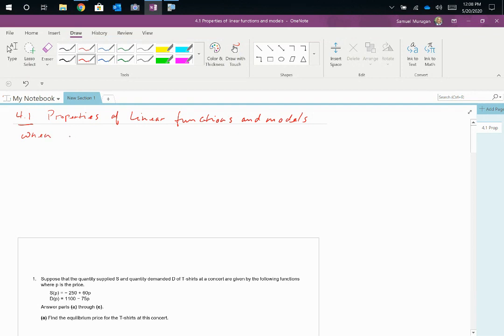When a linear function represents a real world problem, it is called a linear model.